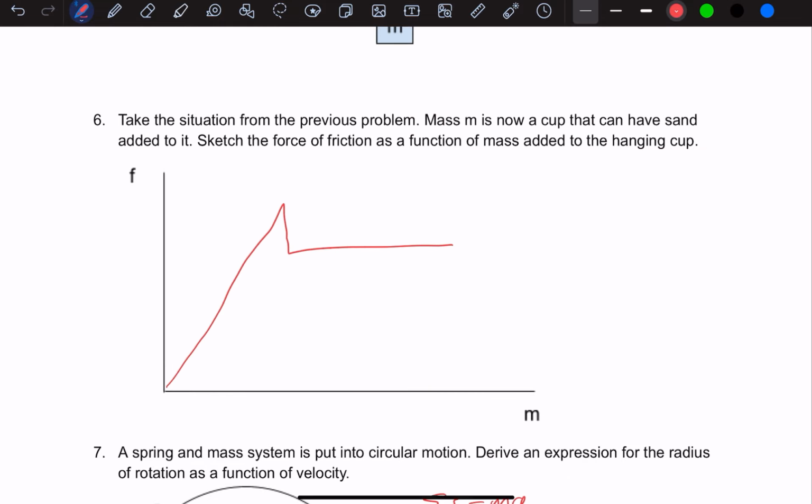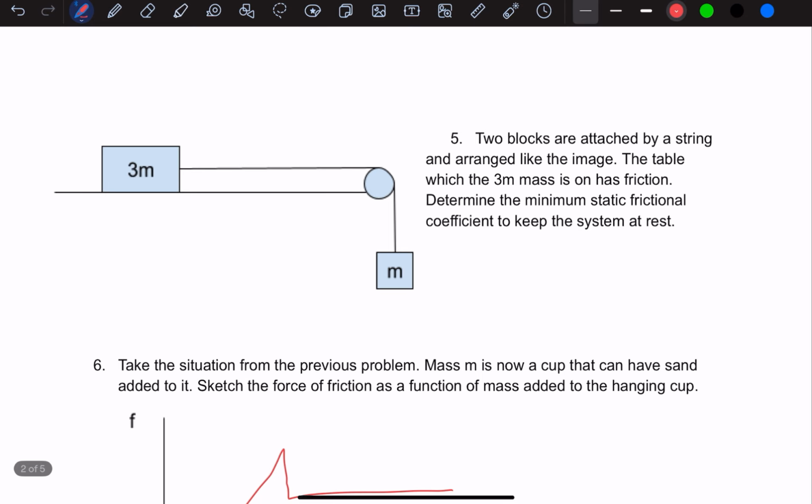Looks like that. Next. Two blocks are attached by a string and arranged like the image. The table which the 3m mass is on has friction. Determine the minimum static frictional coefficient needed to keep the system at rest. So the sum of all forces is equal to 0. And so we have the force of this one pulling down, which is going to be the tension, so we have mg.